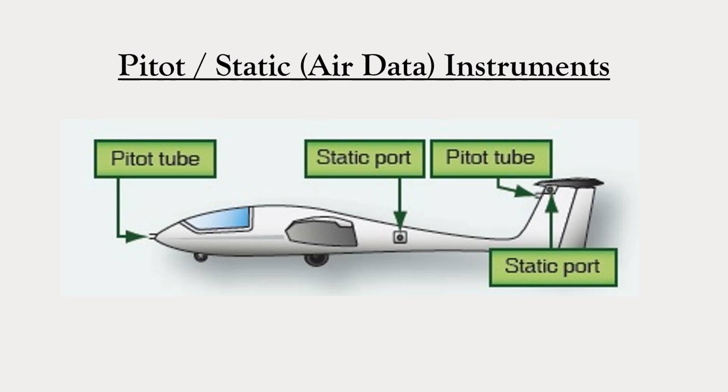So the challenge in measuring that, of course, is that you're measuring it from a glider that is flying through the air. So to measure it, there are static ports on the glider, and they're strategically located in places where the pressure against the glider tends to be pretty much equal to the static pressure.